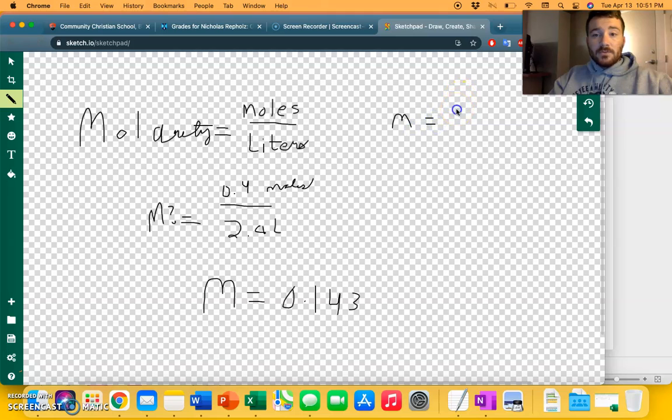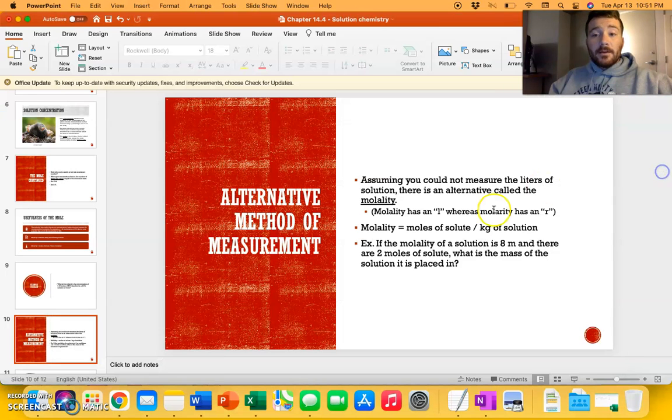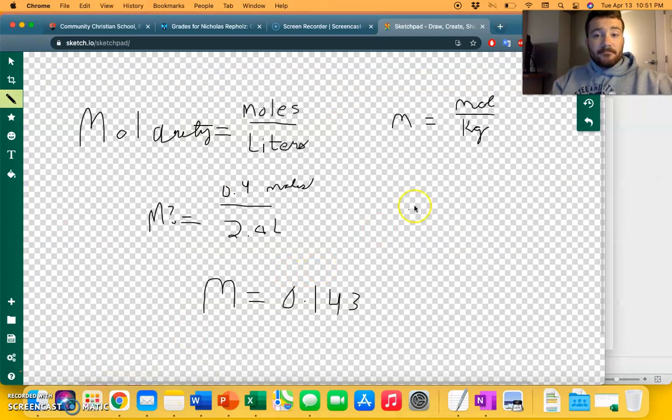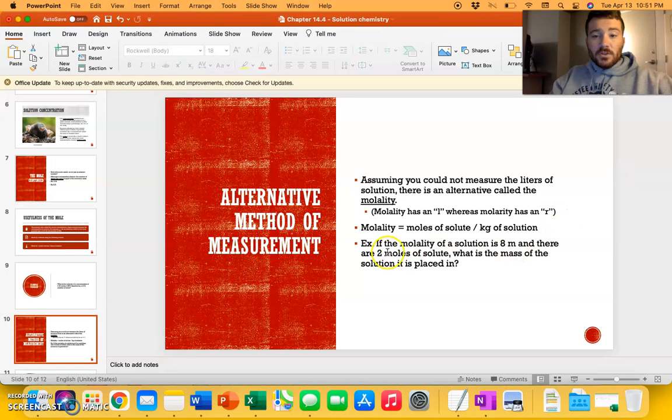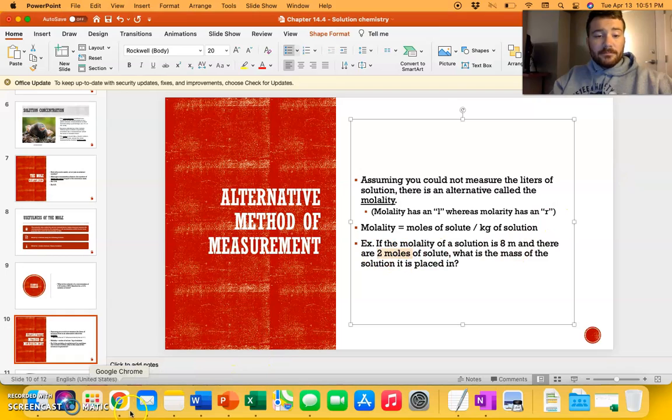Molality equals moles divided by kilograms. And we'll take a look. We have the molality is 8. Let's write that down. 8 equals how many moles? 2 moles solute.